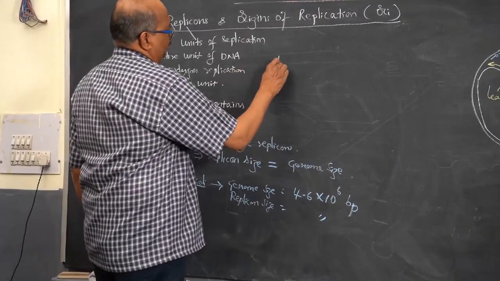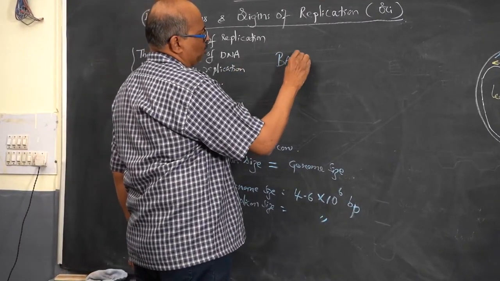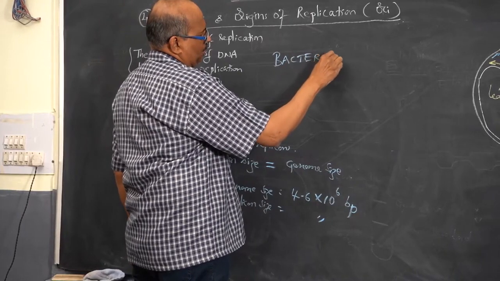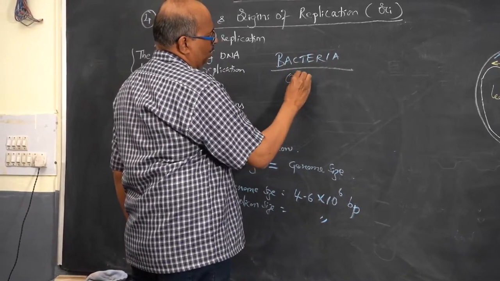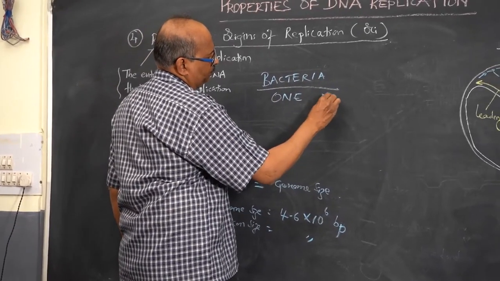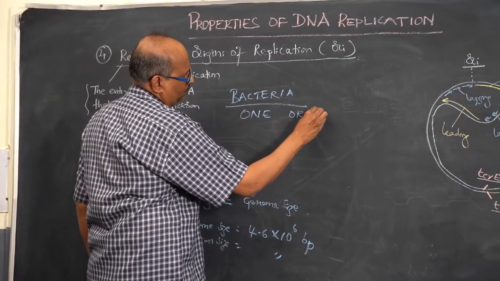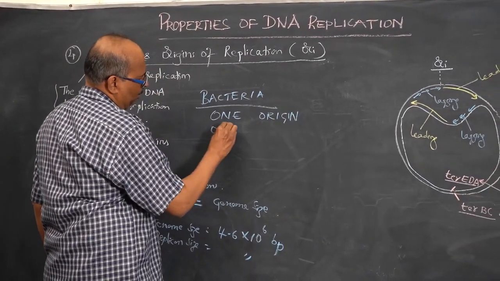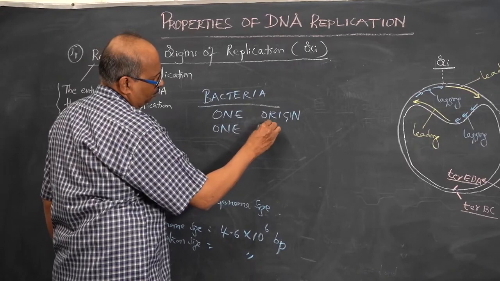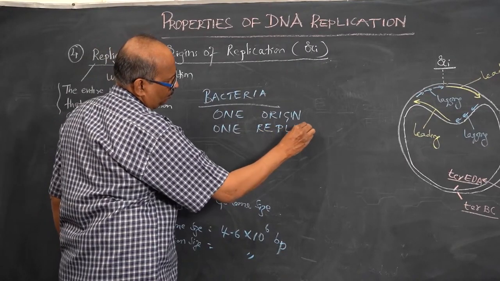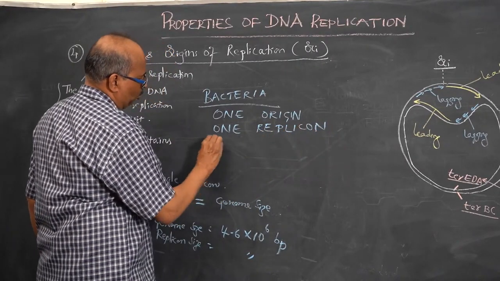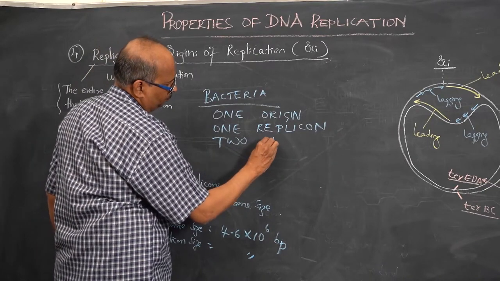So bacteria, key things to remember: one origin, one replicon, two terminus points.